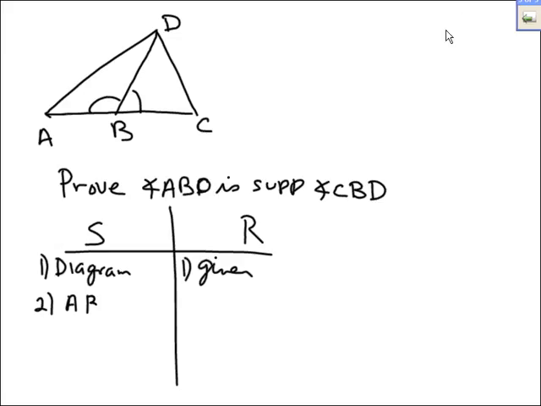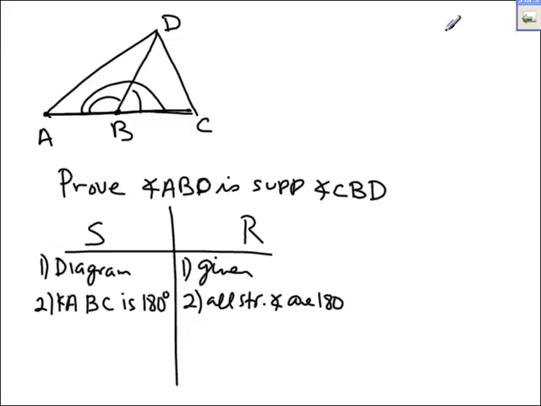A, B, C, angle ABC is 180 degrees. This big angle, ABC. All straight angles are 180 degrees.